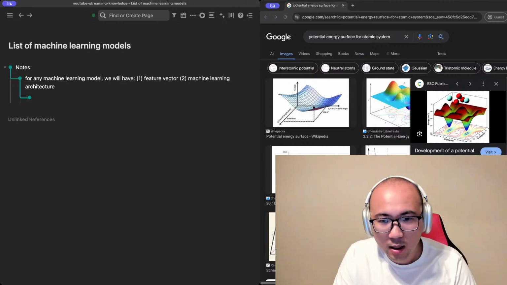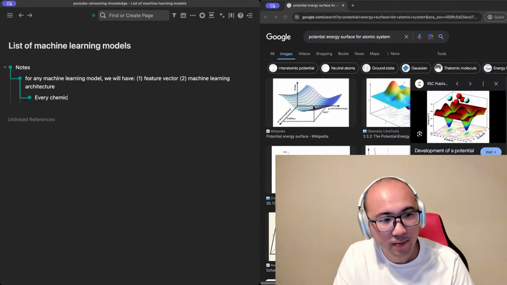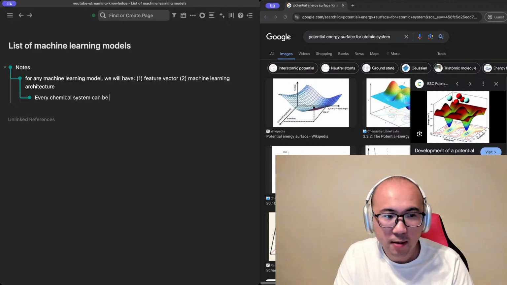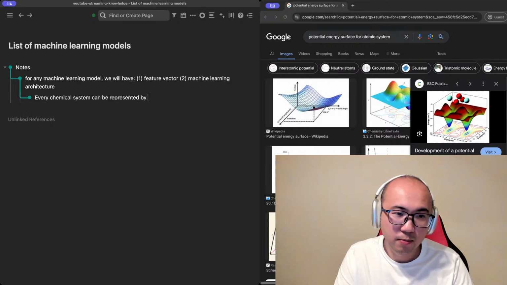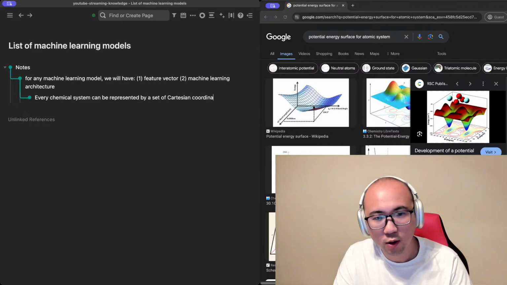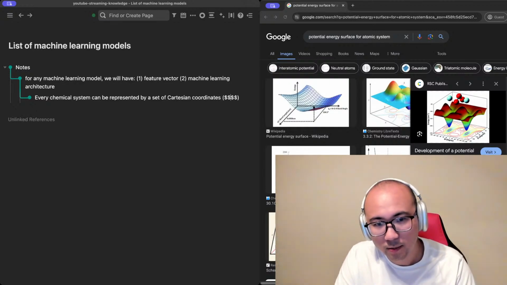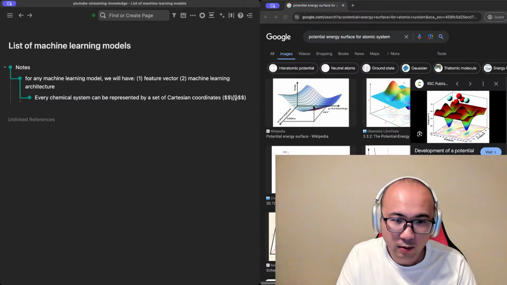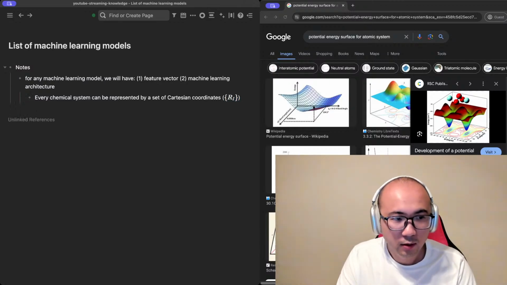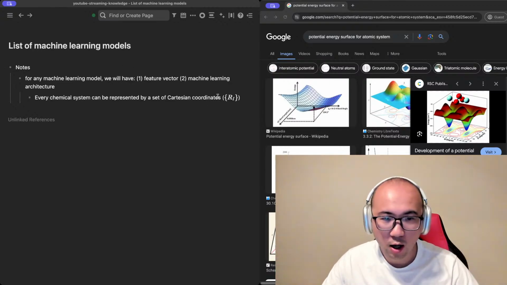In the beginning, every chemical system can be represented by a set of Cartesian coordinates.